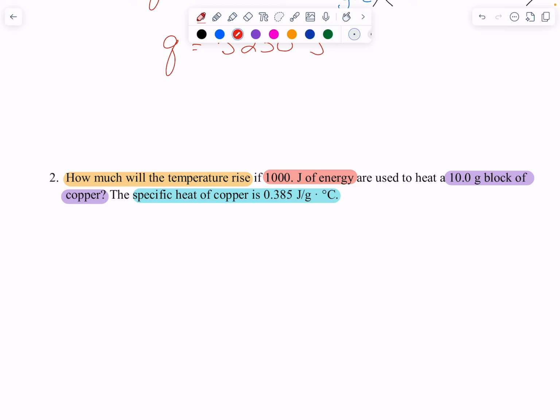So again, this is also a Q equals MC delta T. Right? This is Q. This is M. That's C. And delta T is the question mark.